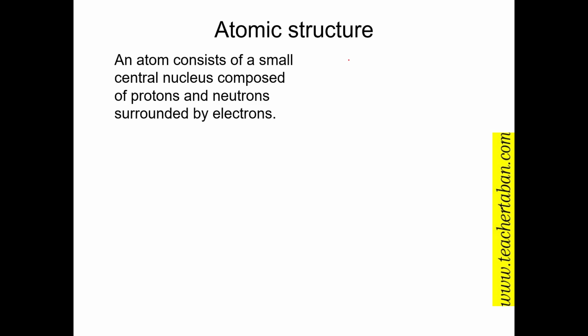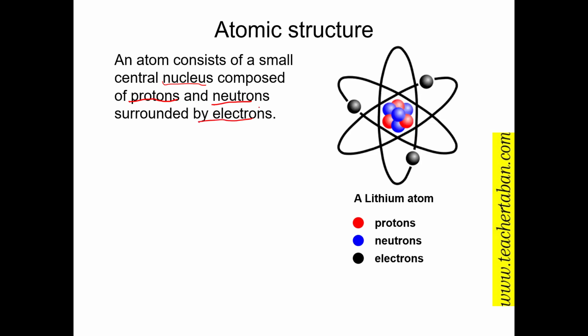Now, an atom consists of basically three components: the protons, the neutrons, and the electrons. The protons and the neutrons are all found inside the nucleus of an atom, and that nucleus is surrounded by electrons, as we can see here. So that is a three-dimensional representation of how an atom looks like.